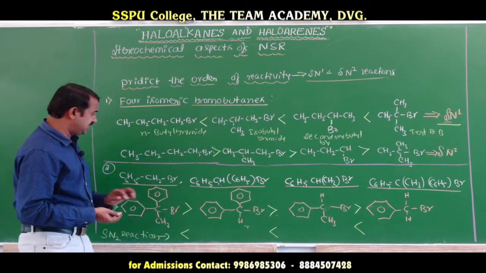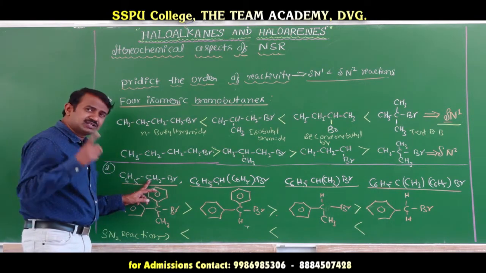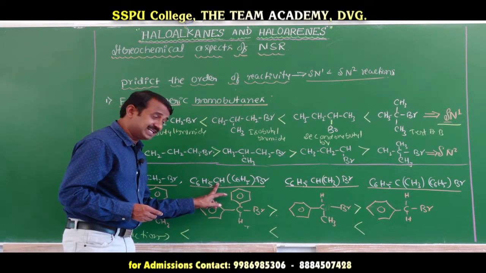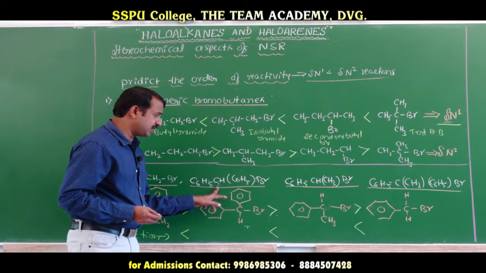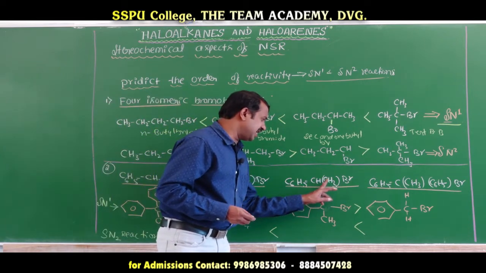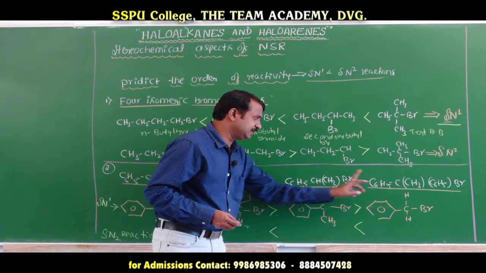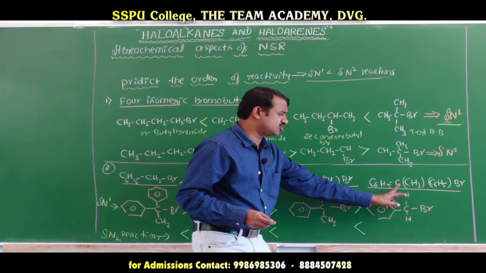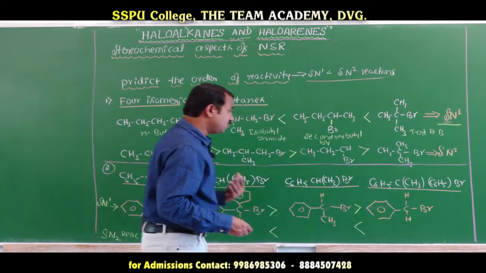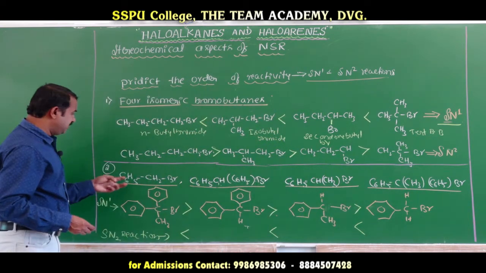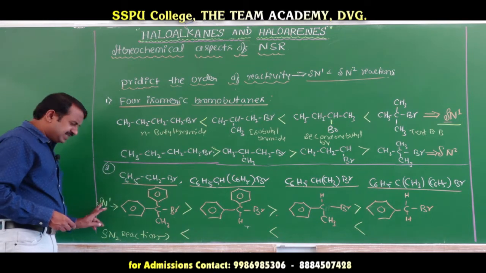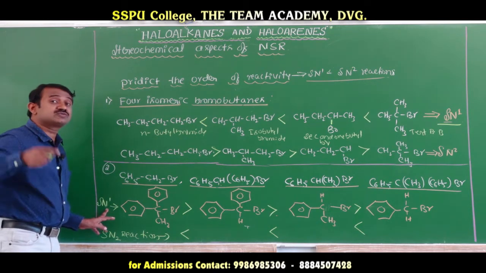Here we have to consider the carbon the bromide is attached to. When the bromide is attached here, it is primary. Here there is a secondary, and here a tertiary carbocation. Which one is more reactive? All of them have a CH2, this is a primary, and in the SN1 reaction tertiary is more reactive.